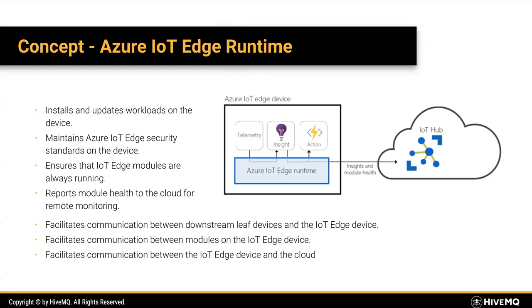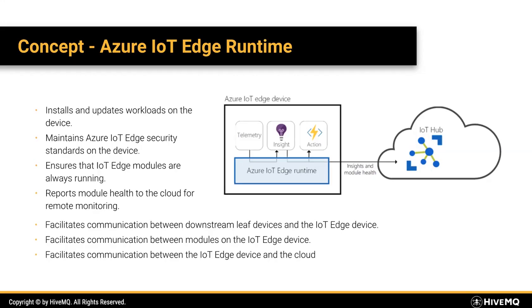Also, one of these two containers is in charge of communication from one module to another module. And this is one way how you can orchestrate, or how you can determine how your modules or workloads that are deployed on the IoT Edge can communicate between each other.